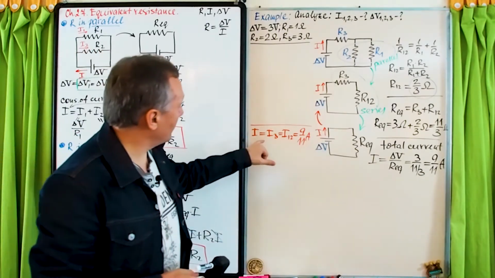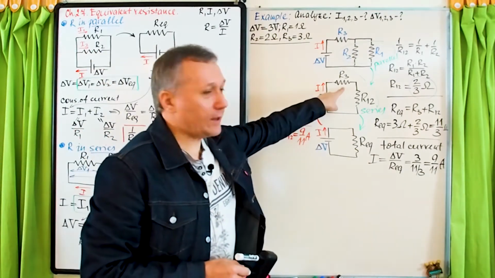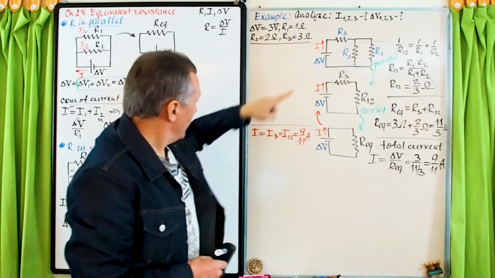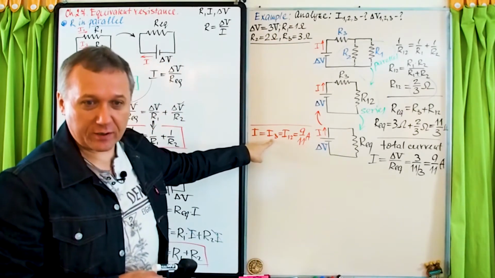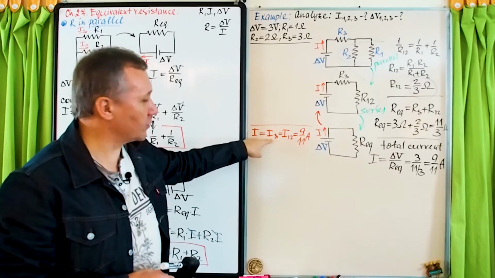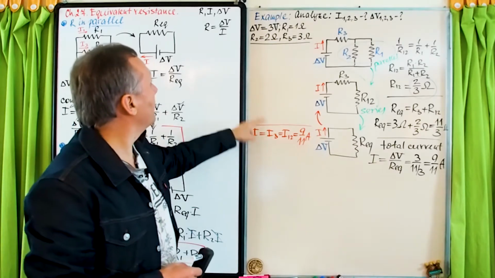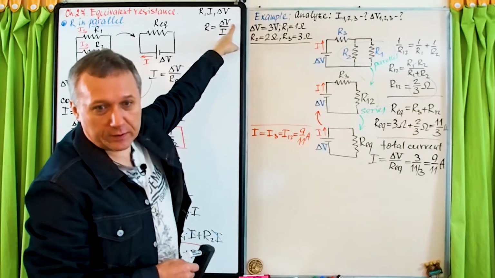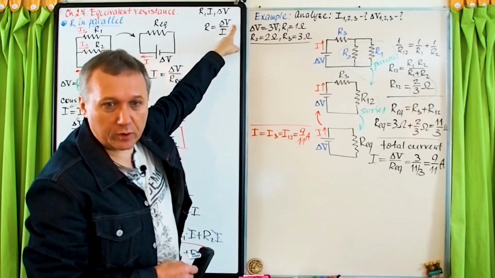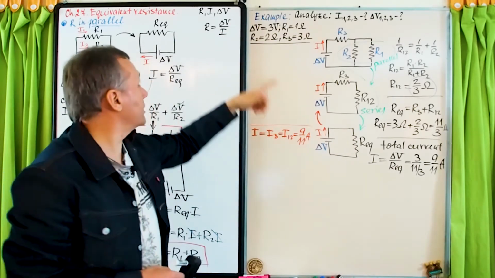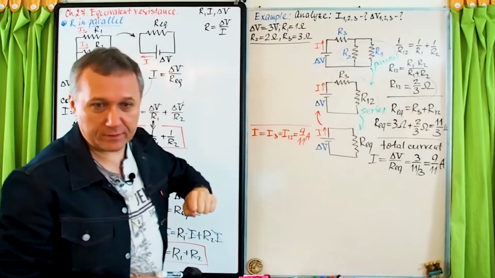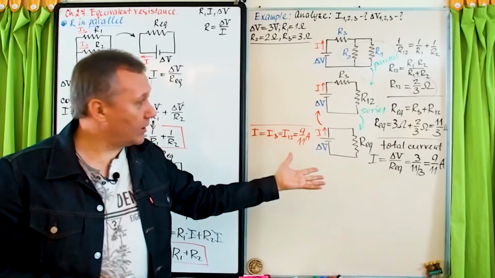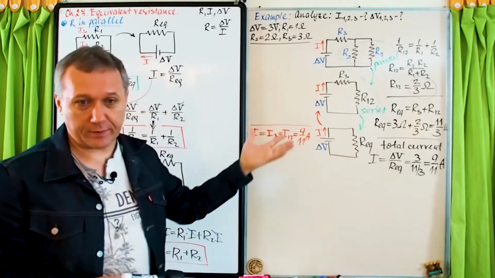And now look, we know the value of resistor R3, 3 ohms. From the bridge, we know the current flowing through the resistor R3. If you know current and resistance, you should be able to find delta V. Now we have to use Ohm's law, that law which connects all these 3 parameters, R, I, delta V. So now we can get everything that we need about the resistor R3.